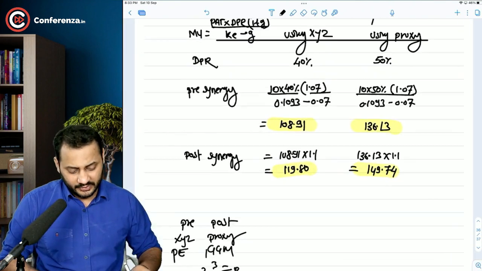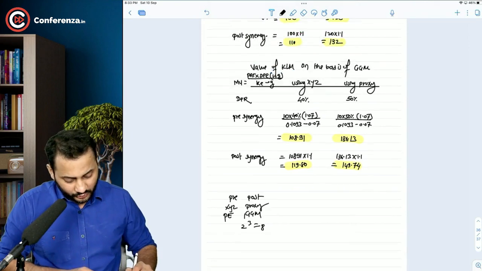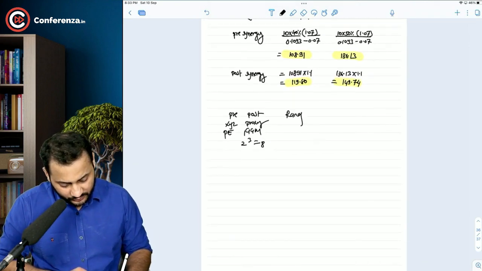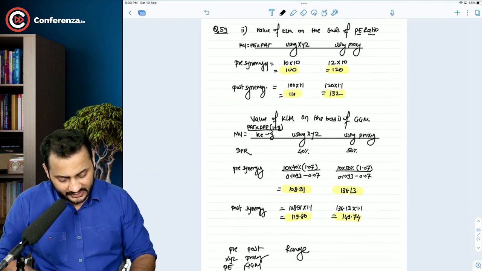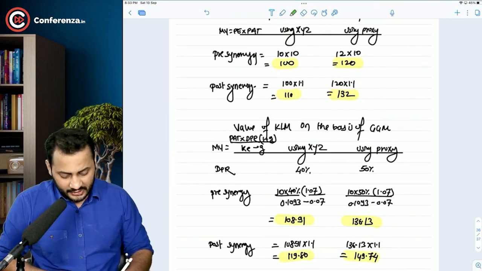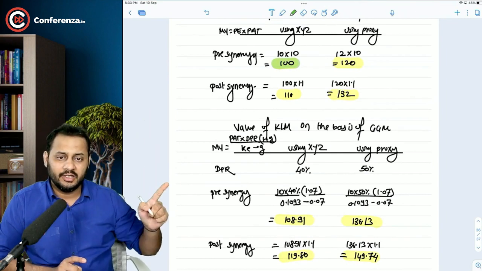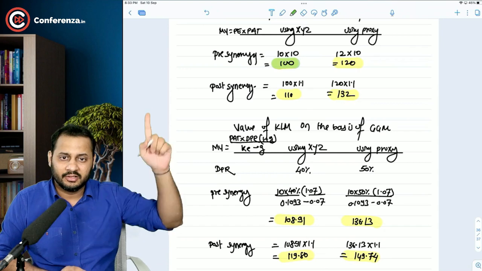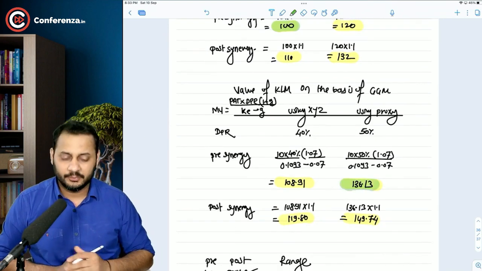Now you can just simply take the highest and the lowest value, because a range includes the highest and the lowest values. So for pre-synergy, what is the lowest answer? The values are 100, 120, 108 and 136. 100 is the lowest. So what is the highest? 136 is the highest in the pre-synergy.